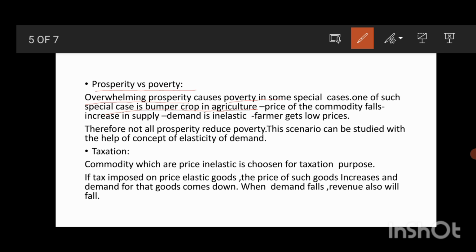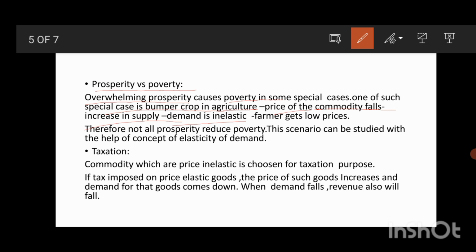I take an example that a lot of wheat was produced, and the price of the commodity falls because there will be an increase in the supply of wheat. Demand is inelastic because it is a necessity, as I already explained. For necessities, demand doesn't change even if they are producing more or marketing more; the demand will remain the same.